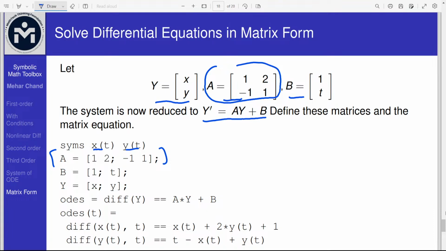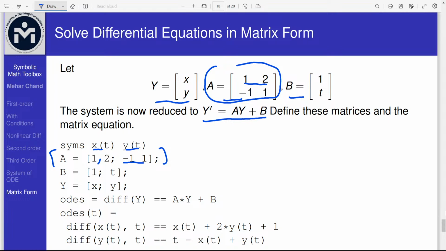One space two means the first row. You can also use a comma at this place, and a semicolon will break the row. So this is the second row, minus 1 and 1. Or you can use a comma in place of the space.